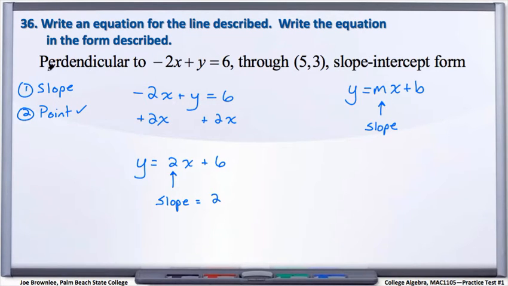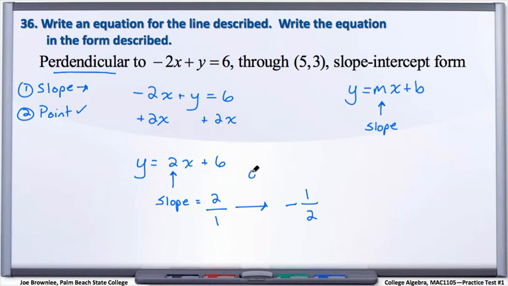All right, but we don't want the slope of the given line. We want the perpendicular slope of the given line. So if this line has a slope of positive 2, the perpendicular slope will be the opposite reciprocal of this, right? So we can write 2 as a fraction, 2 over 1, which means that the opposite reciprocal will be negative 1/2, right?